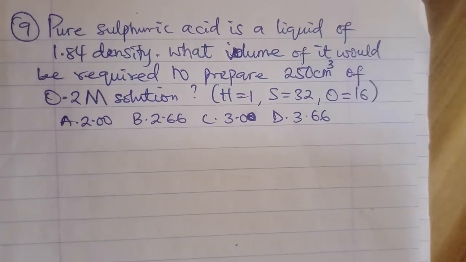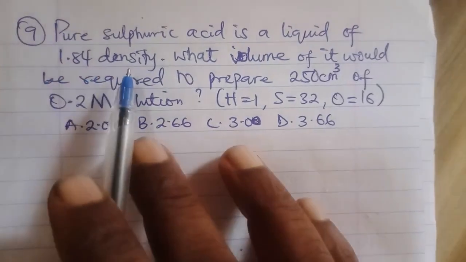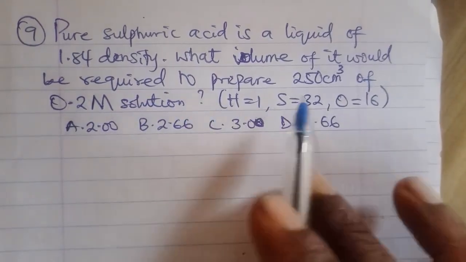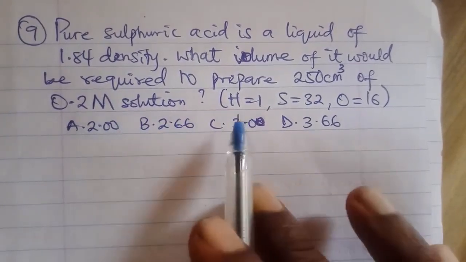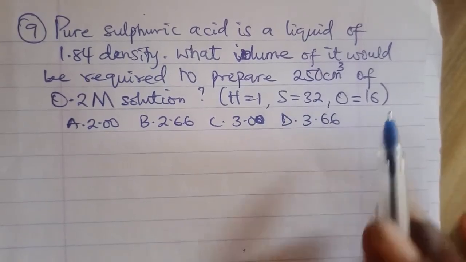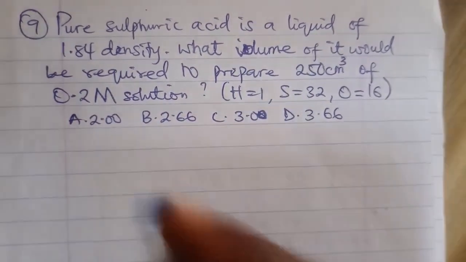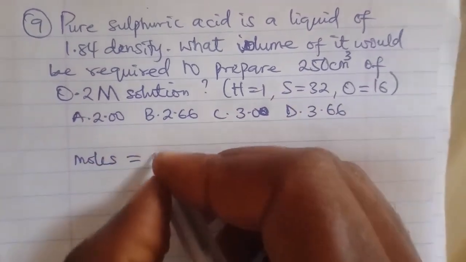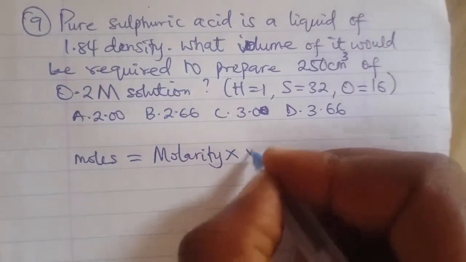The next question says, pure sulfuric acid is a liquid of 1.84 density. What volume of it would be required to prepare 250 cm cubed of 0.2 molar solution? They gave us that hydrogen is 1, sulfur is 32, oxygen is 16, and these are the options. Now, first of all, we don't know the moles, so we can say that moles is equal to the molarity multiplied by the volume.